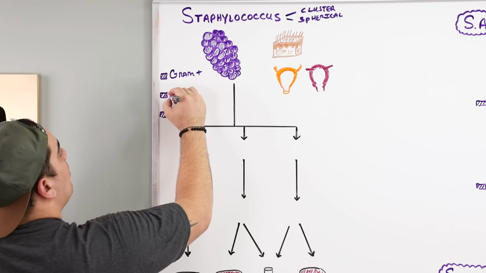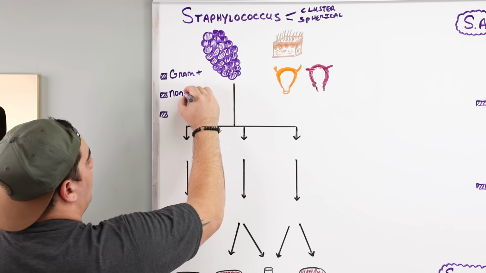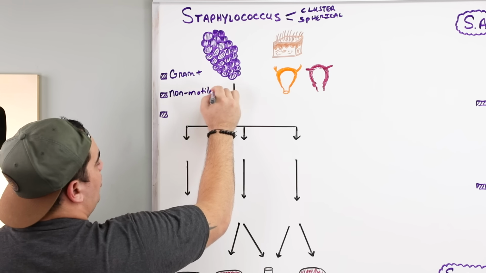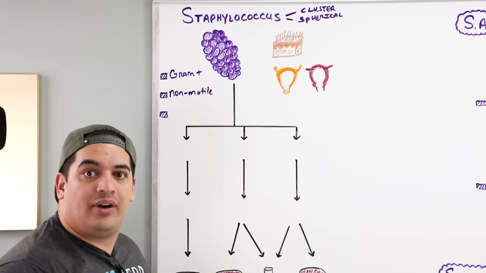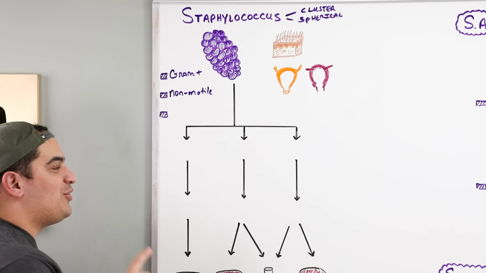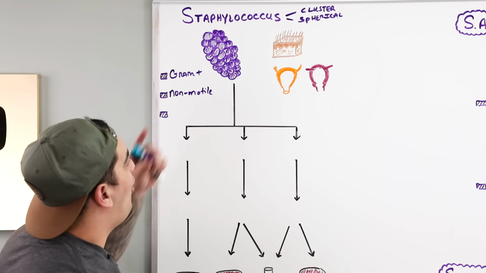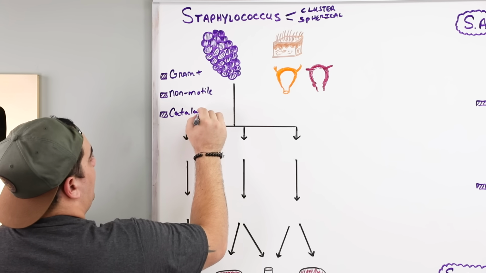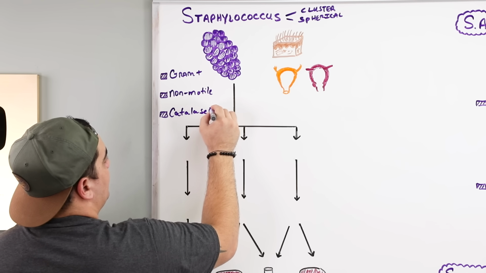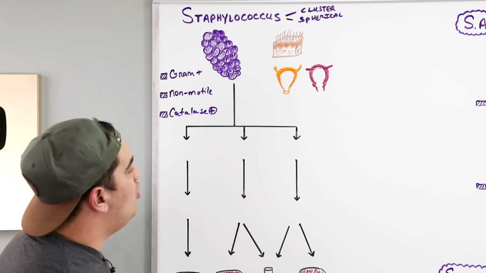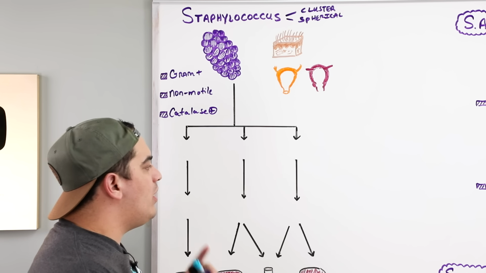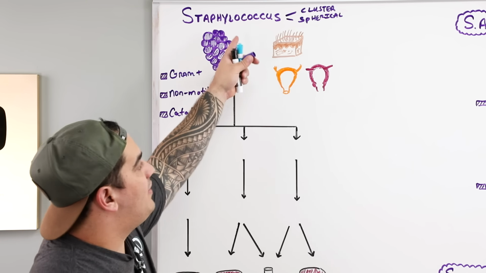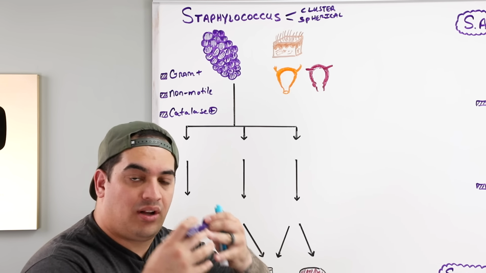They're also non-motile, meaning that they don't have any flagella that enable them to move around in different areas. And here's where it's really, really important: they're all catalase positive. I am going to explain what this means in just a second. Before we do that though, what I want us to understand is we have Staphylococcus, a bacteria in a cluster of spheres.